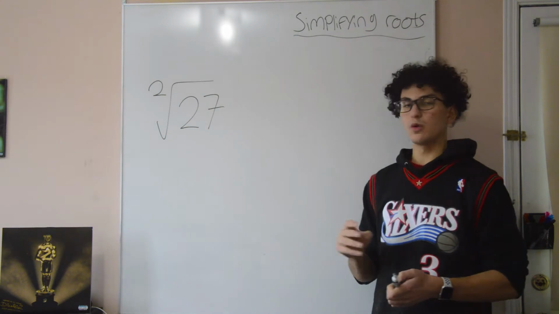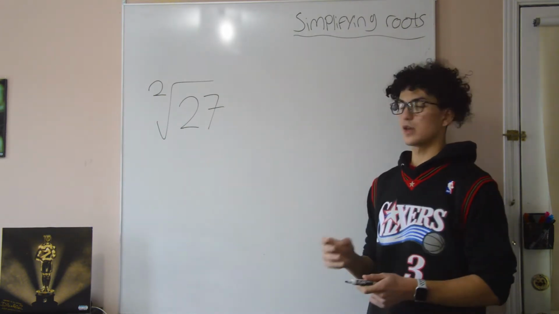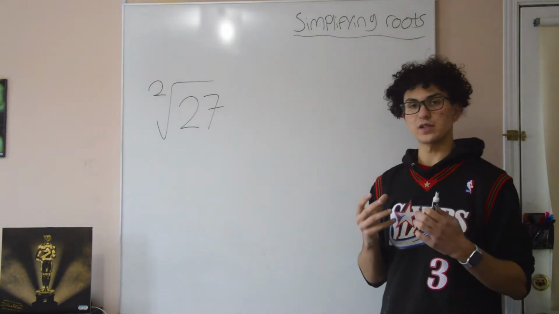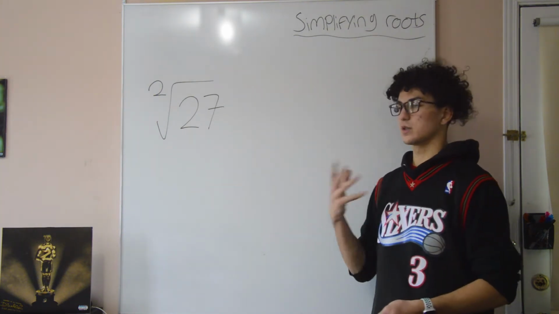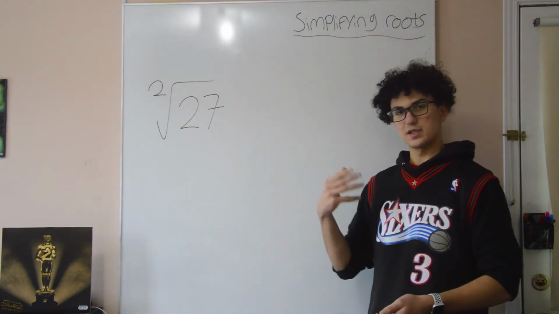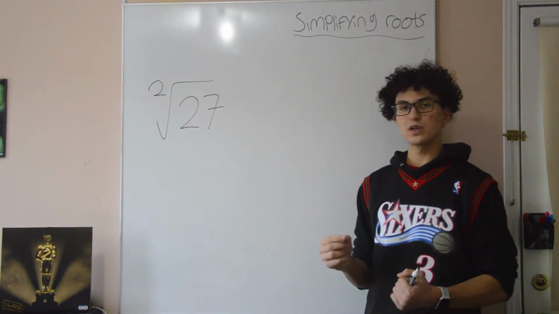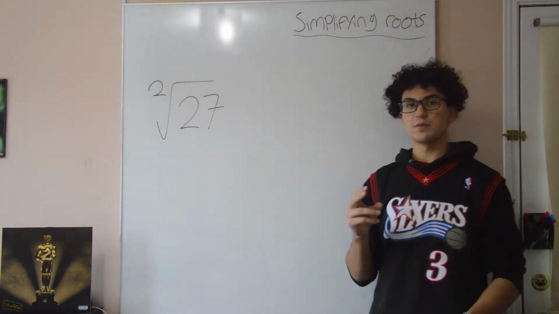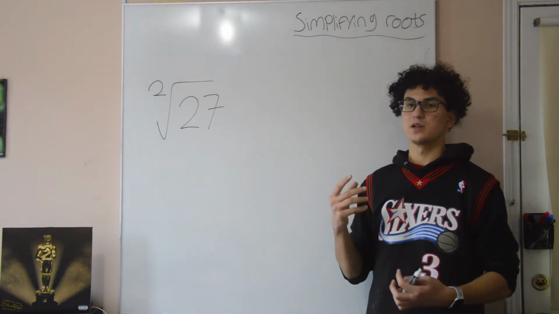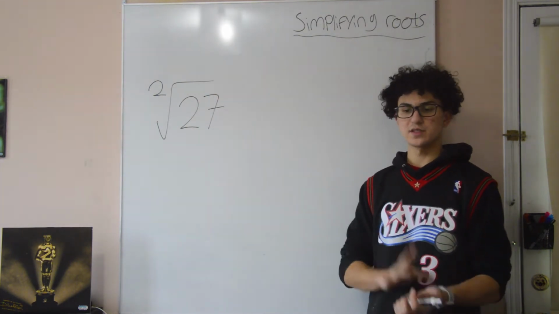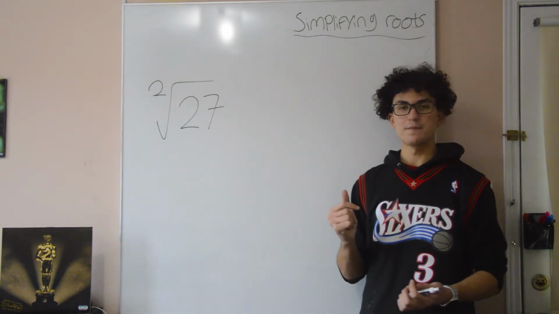So immediately we start thinking, okay, what are our perfect squares? Well, we have 2 squared, which is 4, 3 squared is 9, 4 squared is 16, and so on. As soon as we see this, we think perfect squares. If it was a 3, we'd think of our perfect cubes. So 8, 27, 64, and so on.